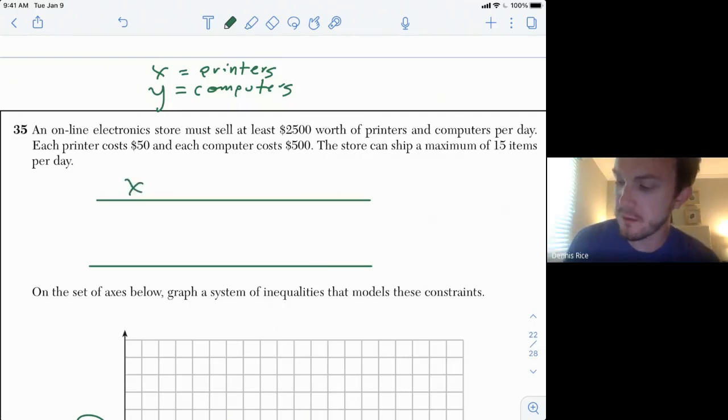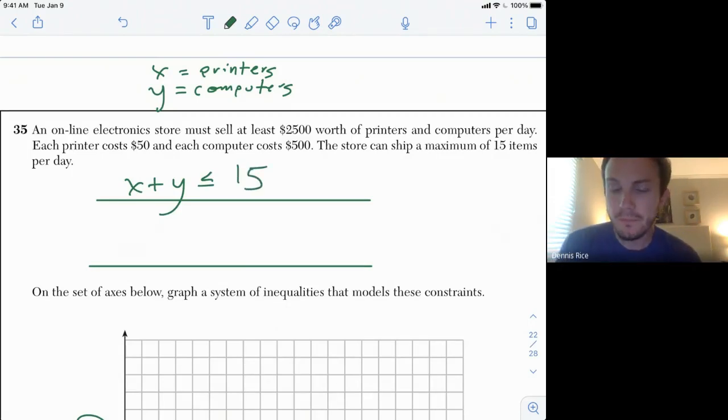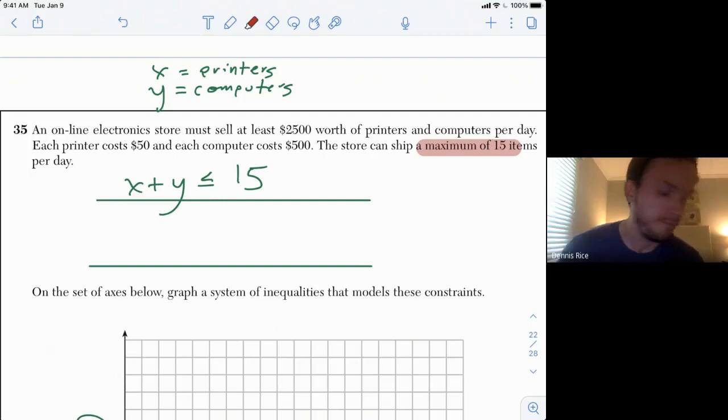Good. So X plus Y is less than or equal to 15. The key word there is maximum of 15 items. Okay, how about our next one? We're using X and Y, Grace, because we're going to graph it in a moment. But yeah, good.